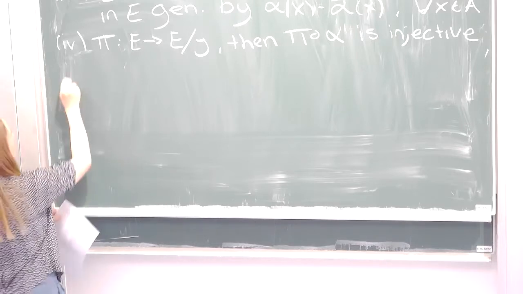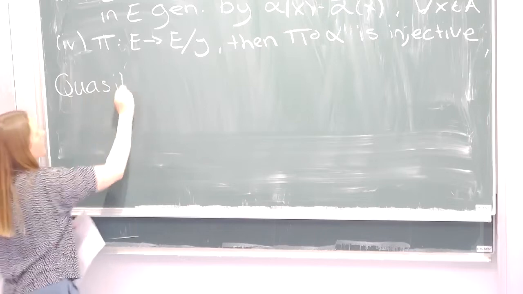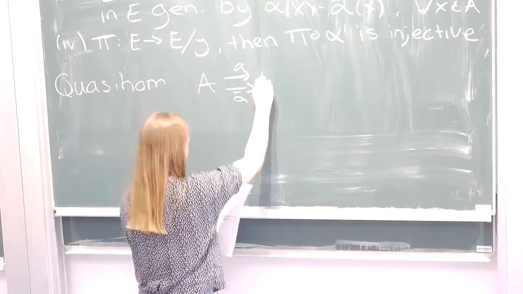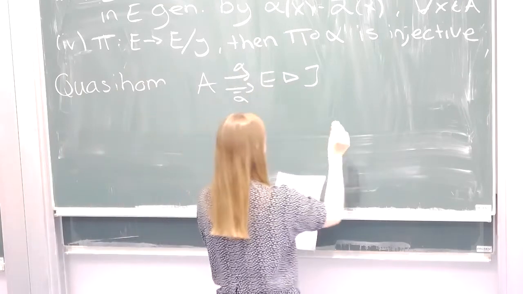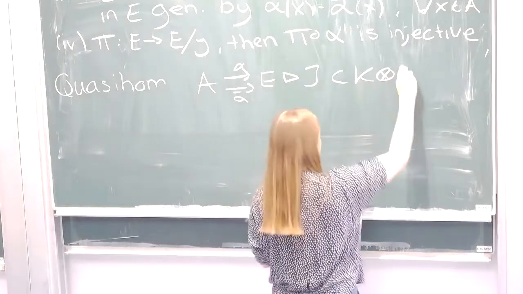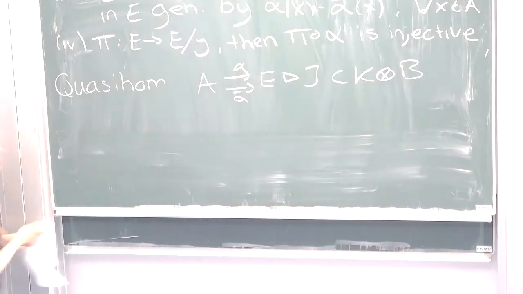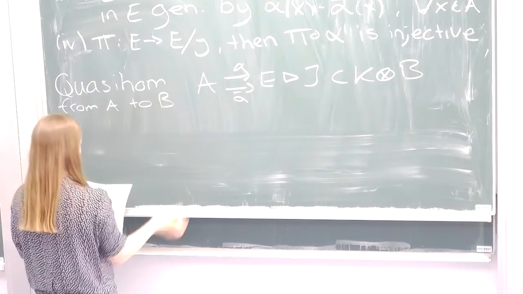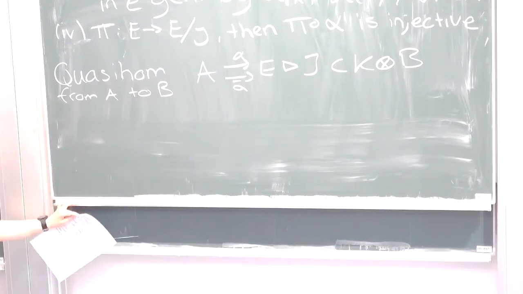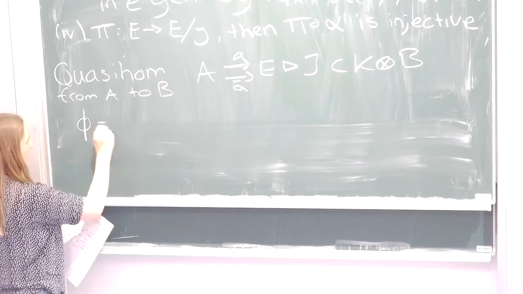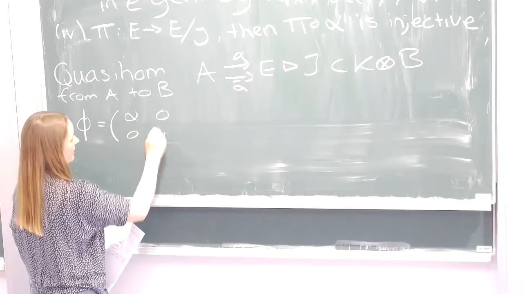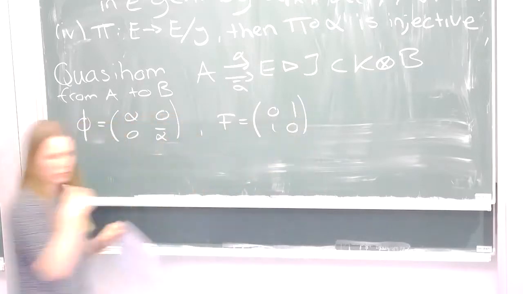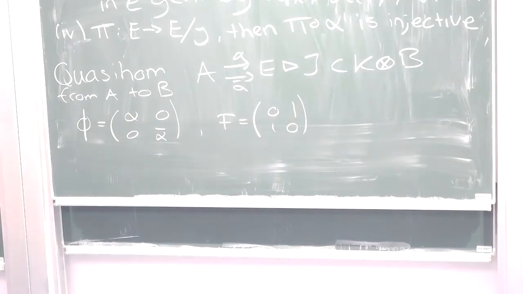So if we have a quasi-homomorphism alpha, alpha bar, E, J inside K tensor B, so a quasi-homomorphism from E to B, then it gives you a Kasparov module by taking pi to be alpha 0, 0, alpha bar, and f to be 0, 1, 1, 0. Just as we saw in the first motivation I gave you.